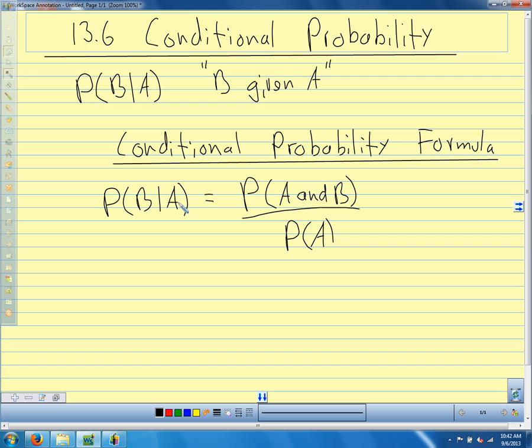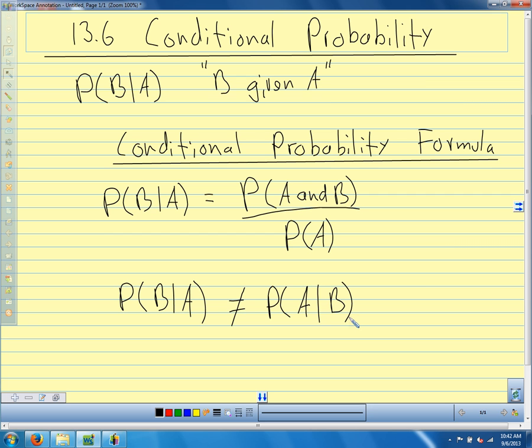And it's important to know that the probability of B given A doesn't equal the probability of A given B. We'll get two different probabilities, usually.